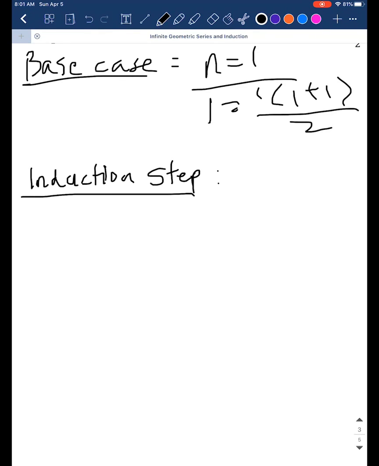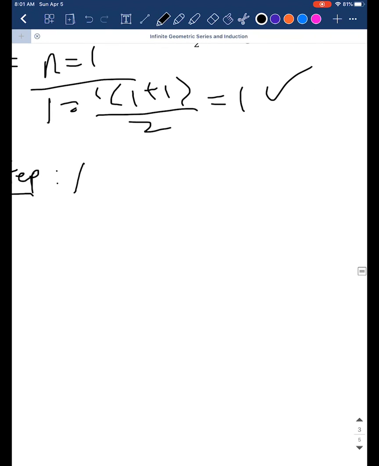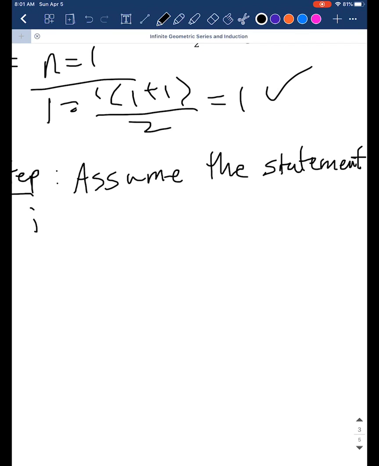So the induction step is going to be our assumption. So we assume the statement is true for n less than or equal to k.